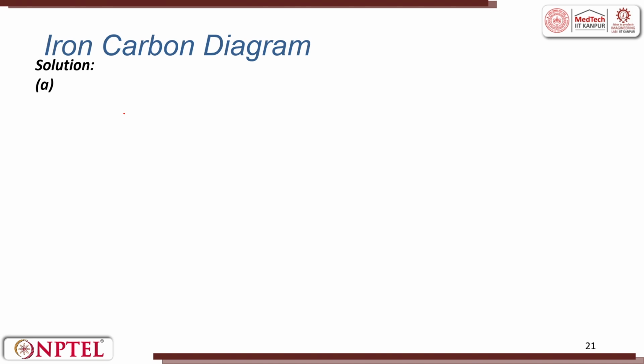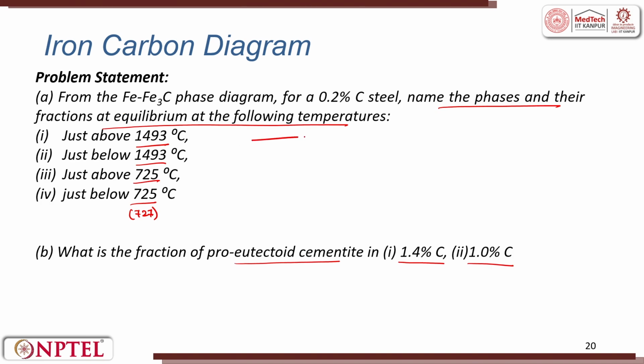Using the lever rule, we can put here 0.2, and here we have liquid, here we have delta ferrite. From 0.2 we have 0.5% here, and this is 0.1%. Just calculate the fraction of the delta ferrite. So, this is of your interest.